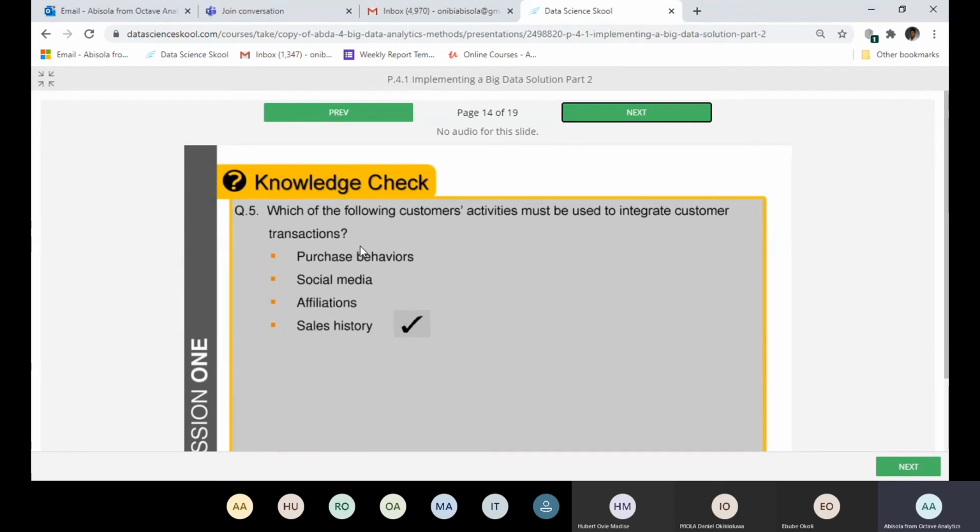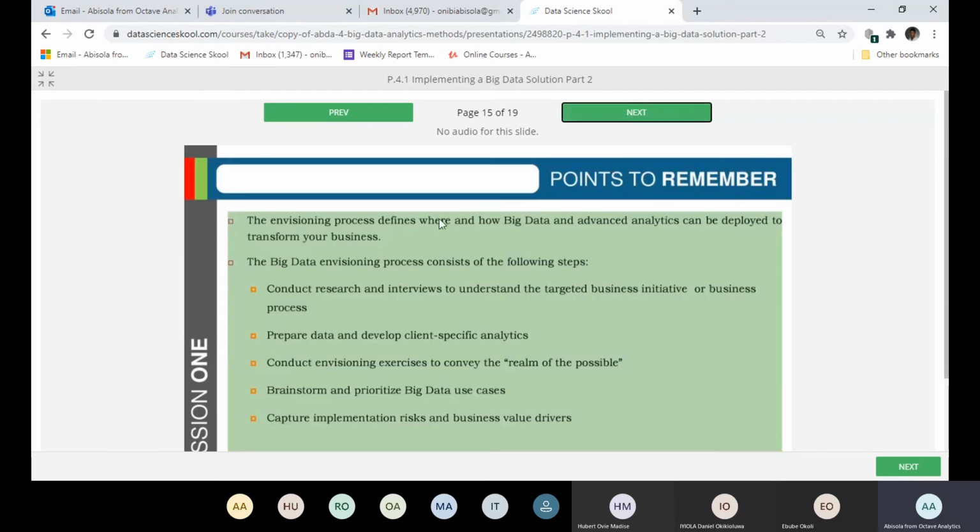So activities such as purchase behavior, social media affiliations, but you are trying to check customer transactions. It is their sales history that you check. So it's their sales history that you use to integrate customer transactions. You want to see the way customers have been transacting over time. It's their sales history that you use to check. So I think that is about that.